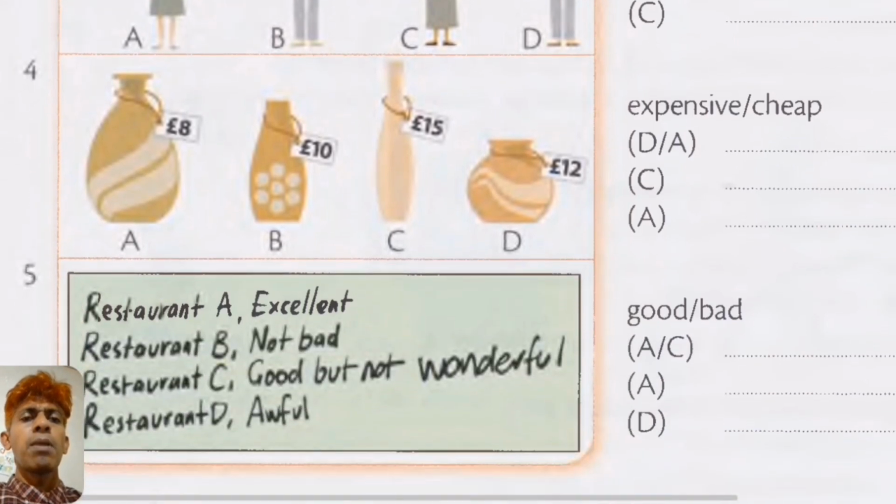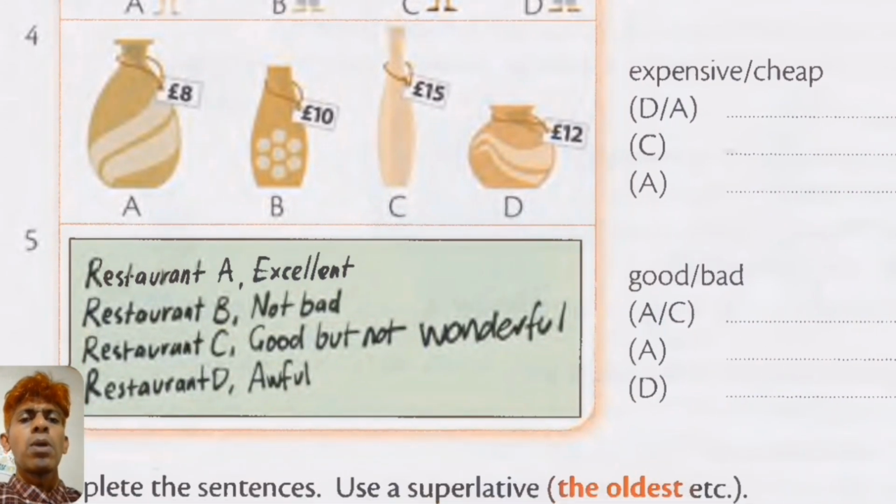Okay. Next one, 4. A, B, C, D. A, 8 pounds. B, 10 pounds. C, 15 pounds. D, 12 pounds.